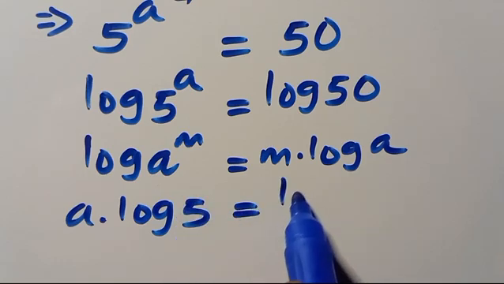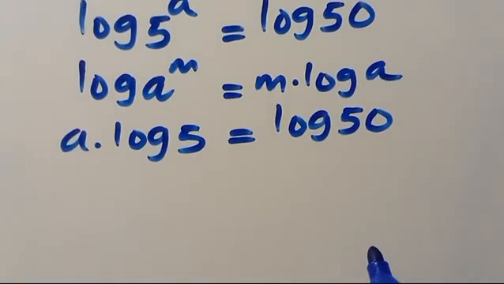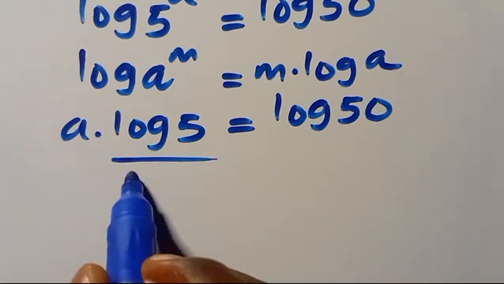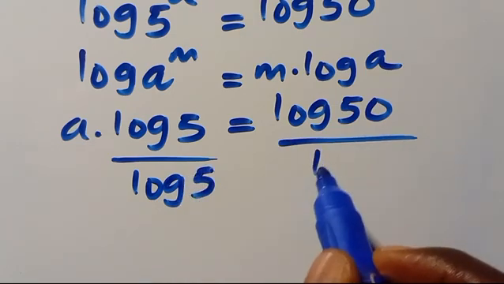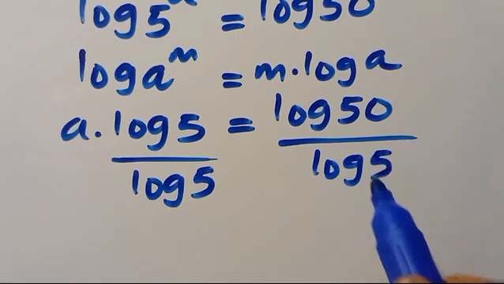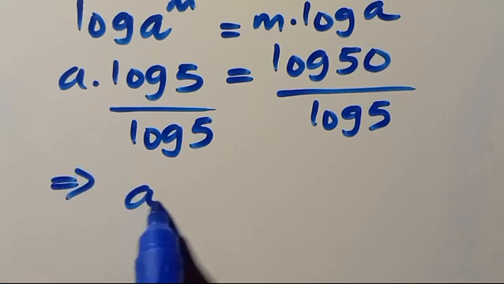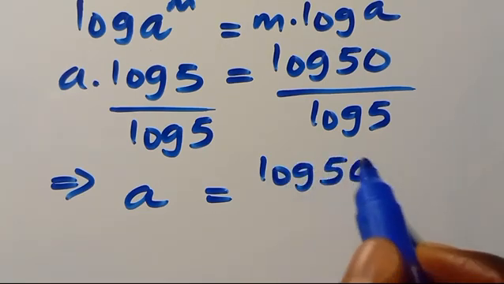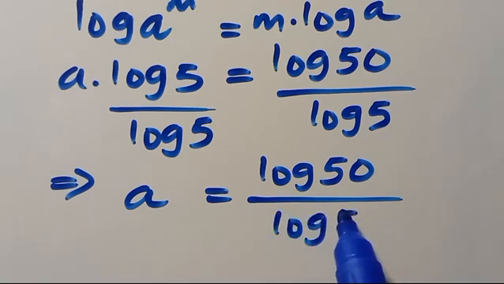a times log 5 equals log 50. Then dividing through by the coefficient of a, which is log 5, we are going to have a equals log 50 over log 5.